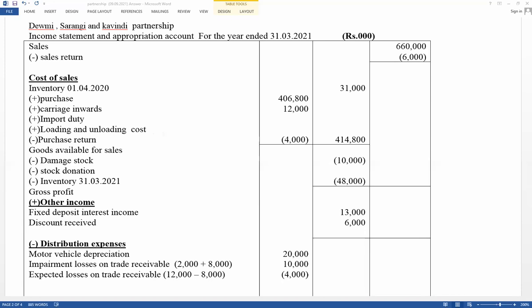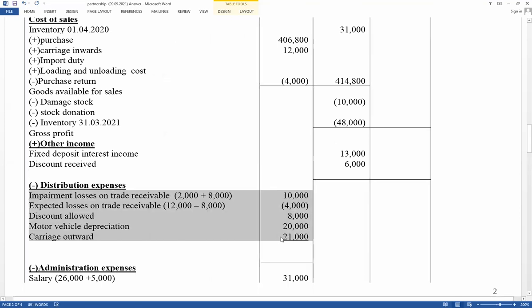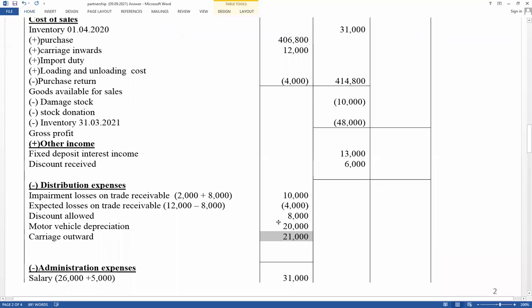Then discount allowed is available as well as carriage outwards. Carriage outwards is also a distribution expense, and discount allowed is also a distribution expense.